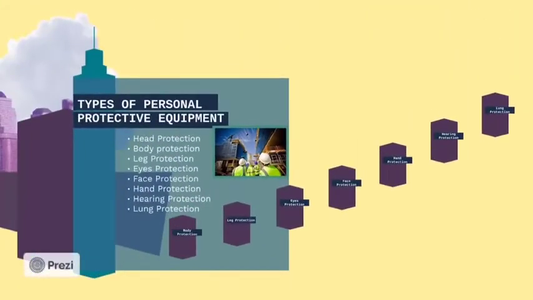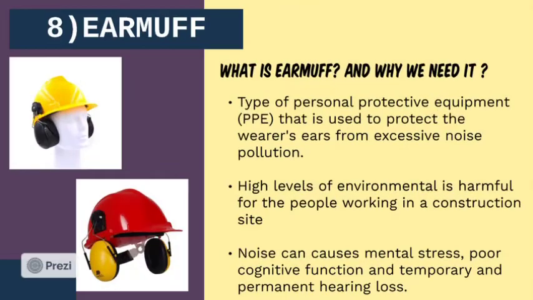Next, we move to the hearing protection. The common type of hearing protection is the earmuff. What is an earmuff and why do we need it? An earmuff is a type of personal protective equipment (PPE) that is used to protect the wearer's ears from excessive noise pollution.